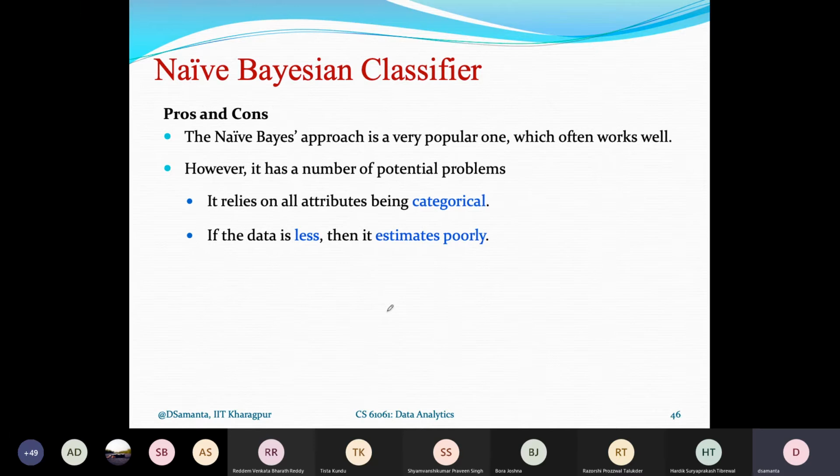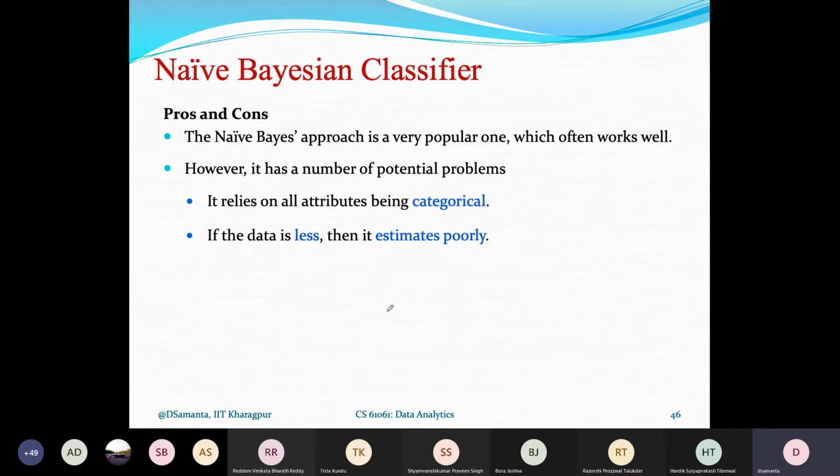That is why, if you are given training data with categorical attributes, then without any second thought you can apply this data set, build the model according to the Bayesian classifier and predict. No other classification technique can match the Bayesian classifier if the data is categorical. Many classification techniques are not even applicable to categorical attributes. For example, you cannot apply support vector machine, because it is applicable only to numerical attributes.